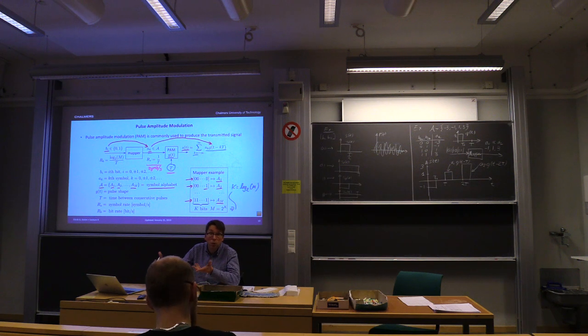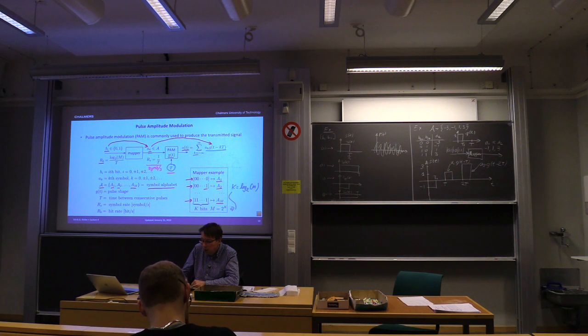If M is 2 to the power of k, then k is the 2-log of M. Okay, so therefore, the bit rate, the number of bits per second we transmit, is log 2 of M divided by T. Okay, so this is in bits per second.